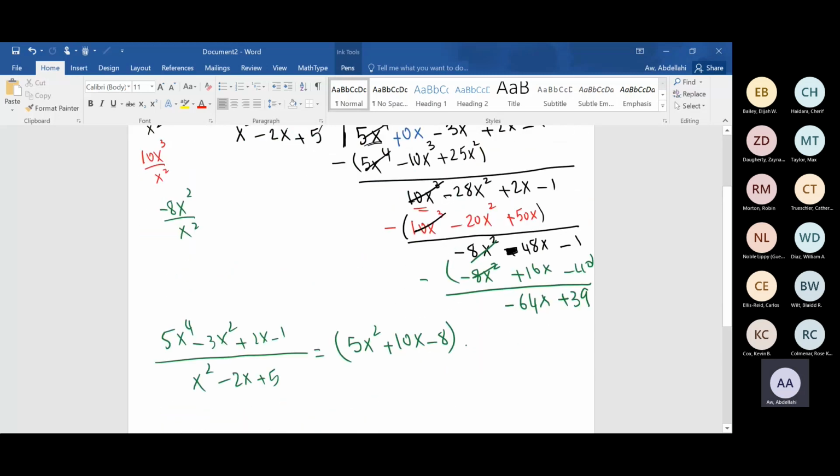And then the remainder is negative 64x plus 39 over x squared minus 2x plus 5. Okay. That is a long division.